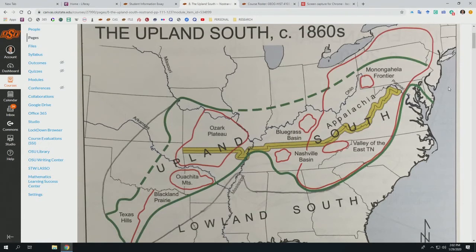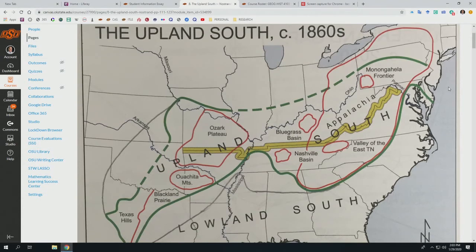So what made these lands special? Anybody know? What would Nostrand tell you? Well, these areas have a certain type of bedrock that when it breaks down, that particular bedrock produces very, very high quality soils, good for farming.